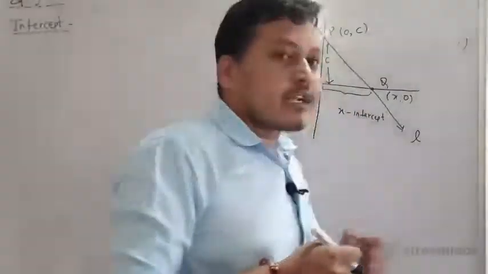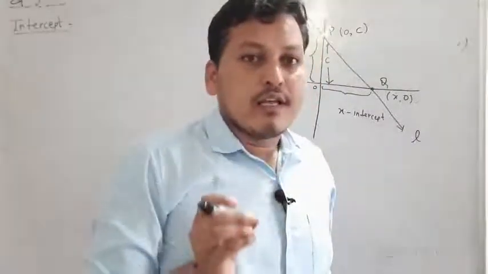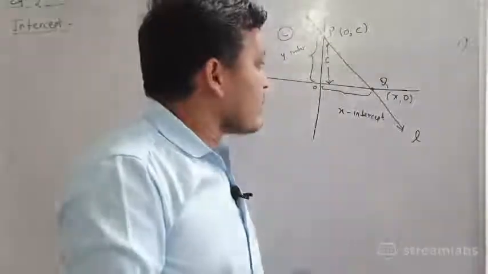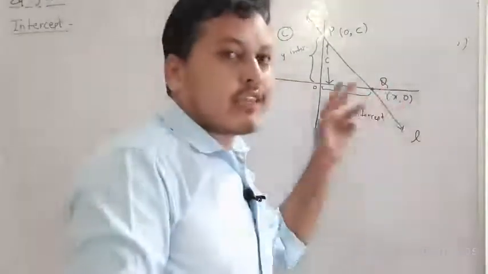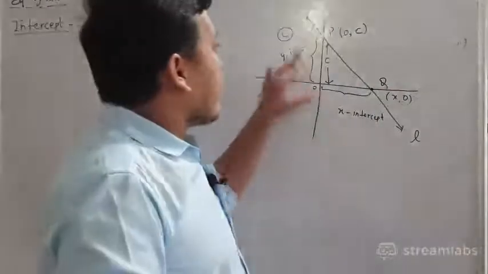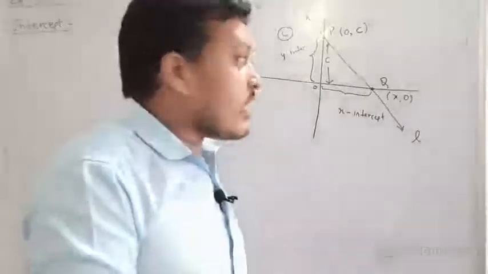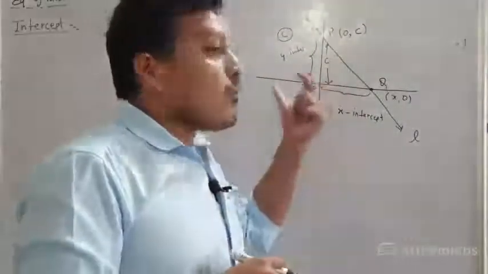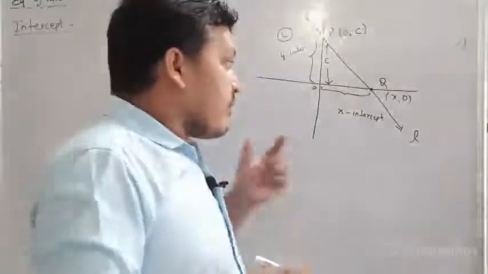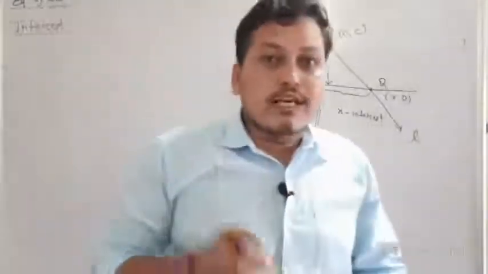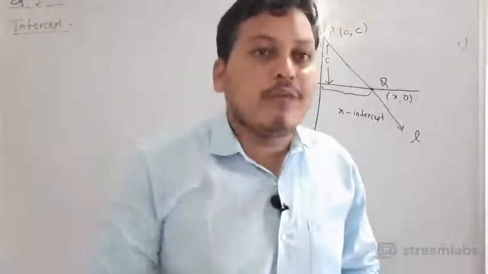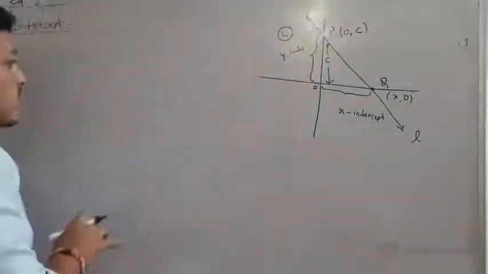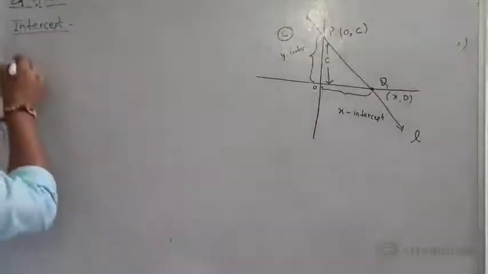For the x-intercept, no special variable is given in our syllabus, but in our whole exercise we will use c as the y-intercept, because in the whole exercise c is given only for the y-intercept.